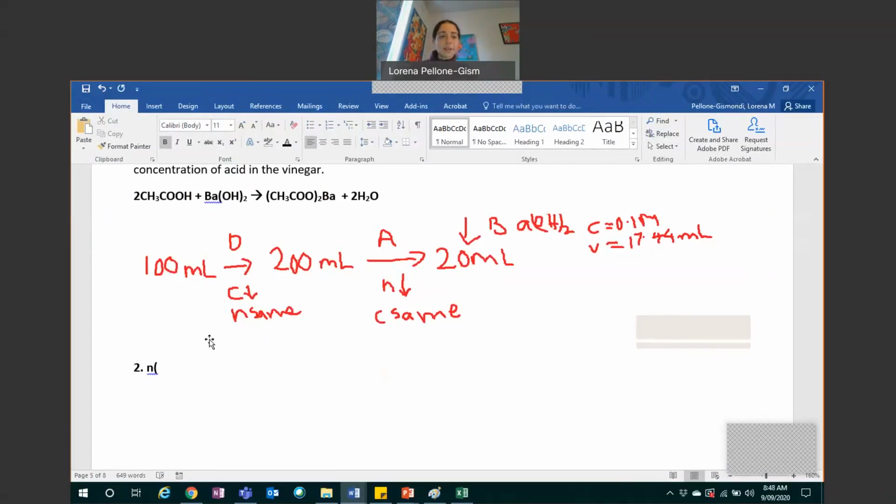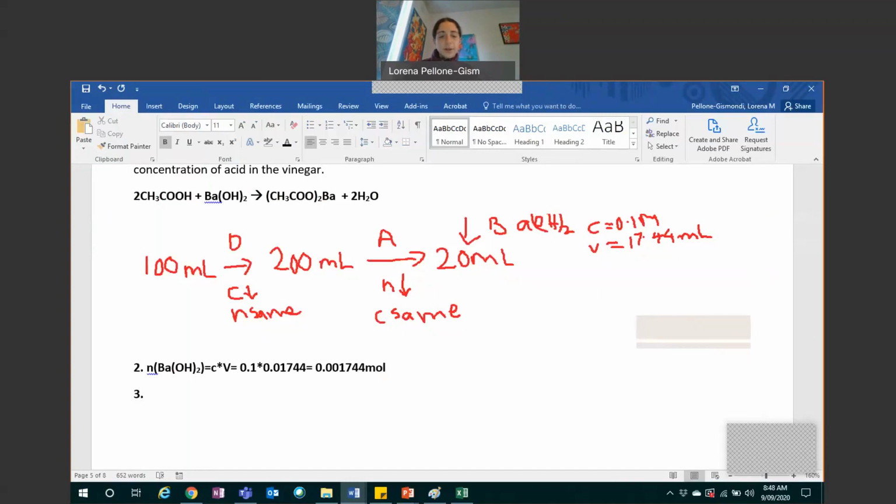So the known is Ba(OH)2 equals C times V, 0.1 times 0.01744 equals 0.001744. Now step 3 is using the mole ratio, work out the moles of the unknown.